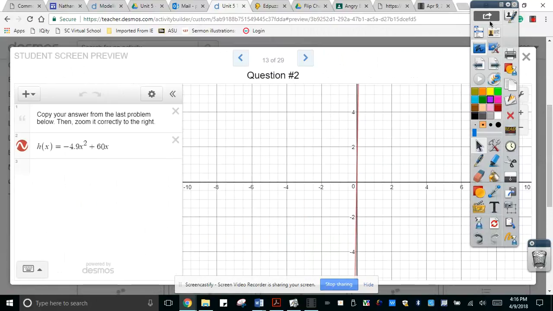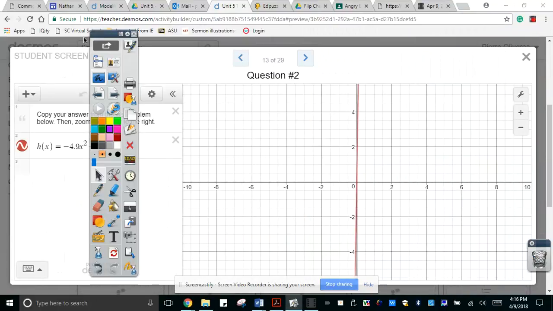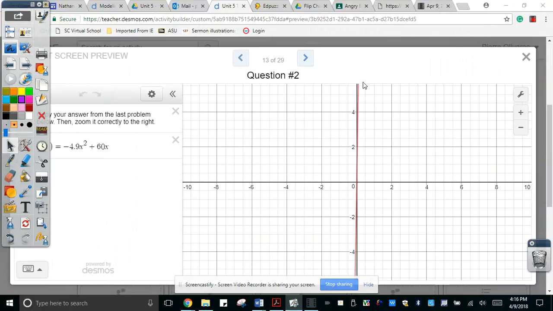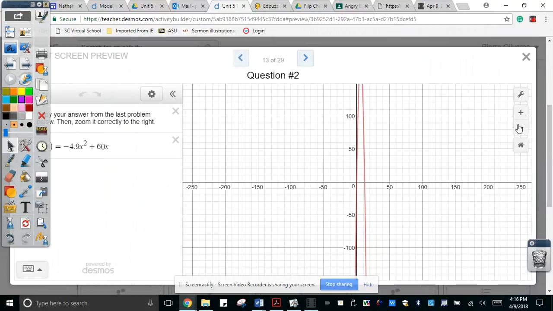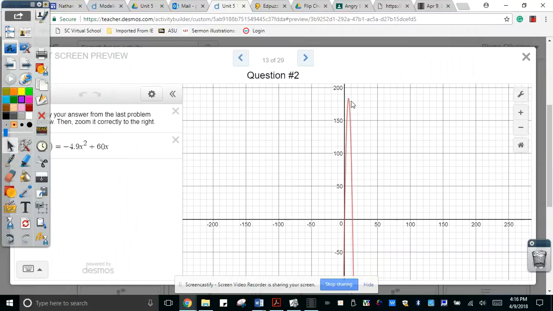Okay, so I need to move it to the side here, minimize it, and the answer is right there, which is 6.1 at 183.